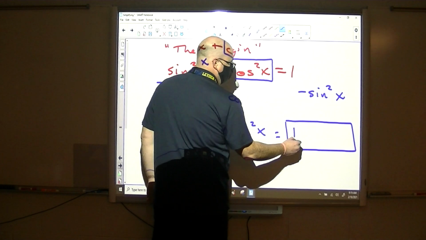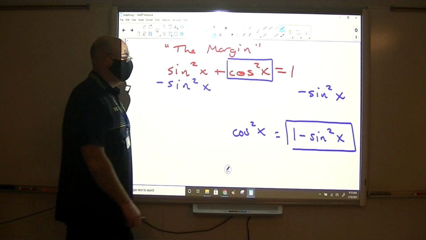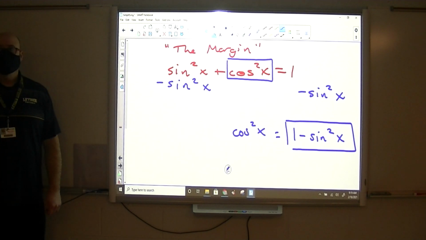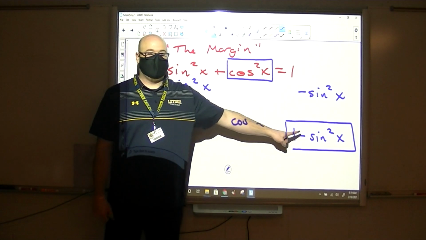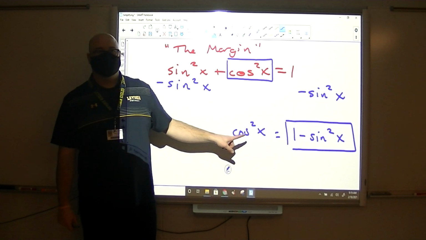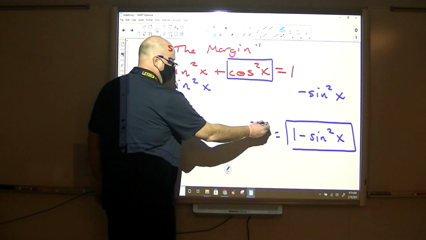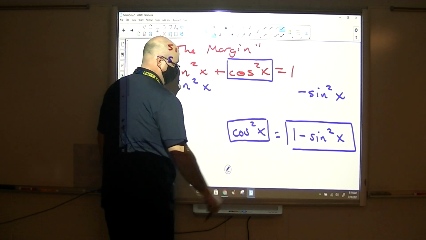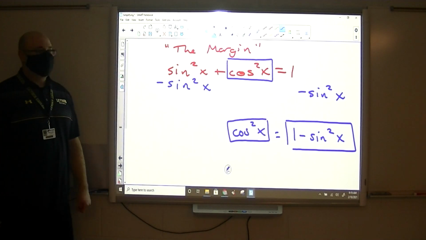So we end up with 1 minus sine squared x. So this is equal to this. These are the same exact thing. So when I see this in a problem, I can put that in its place. And that's what we're going to do.